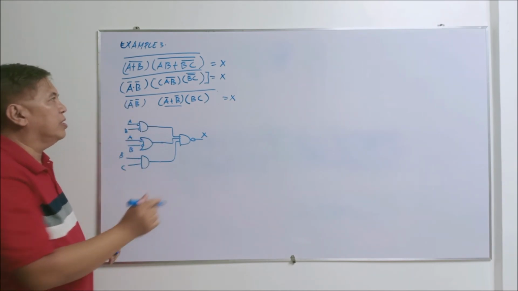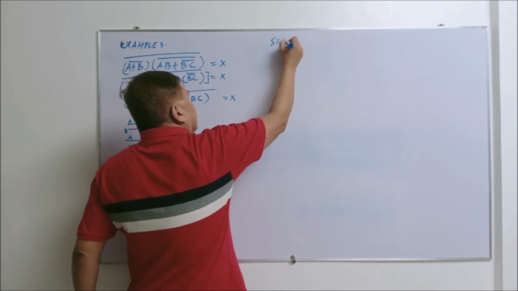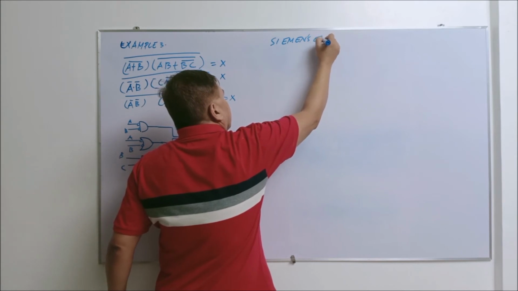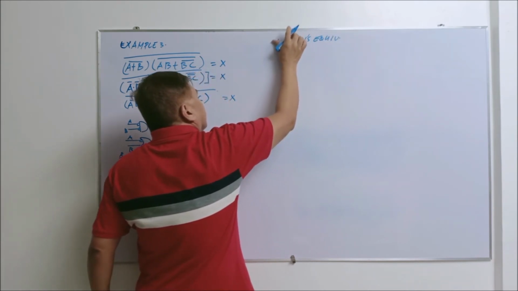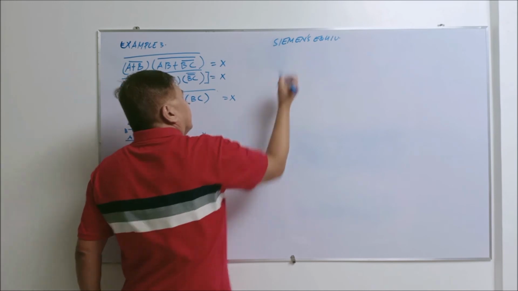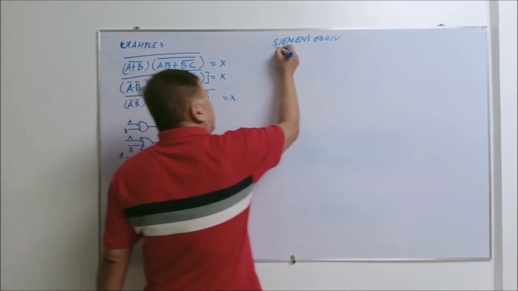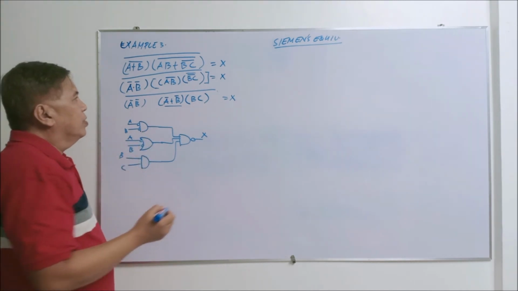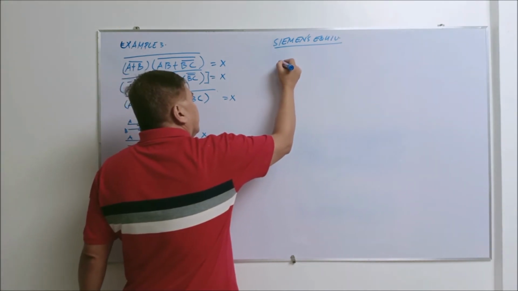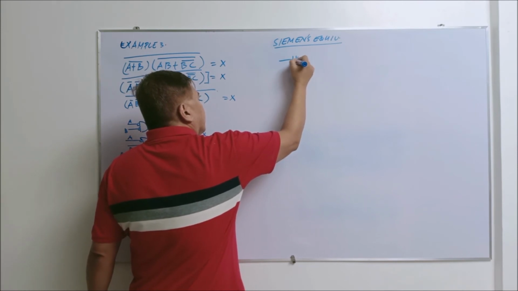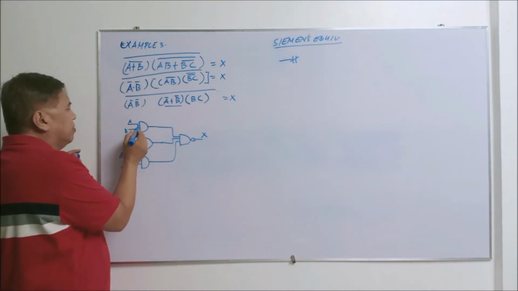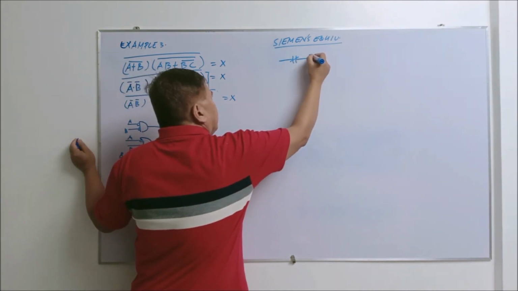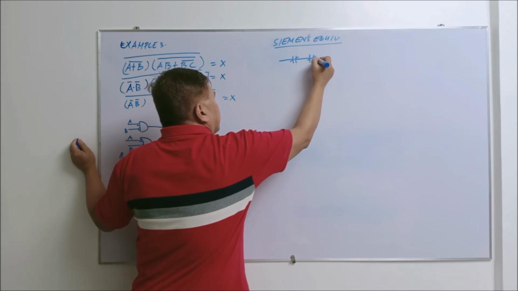So how do we obtain the Siemens equivalent? Again, you have here an AND gate, so you have two normally closed contacts. Why normally closed? Because it is inverted. So you have A, then B, connected in series.